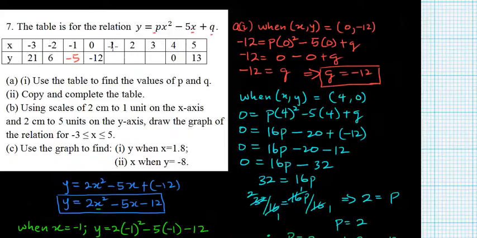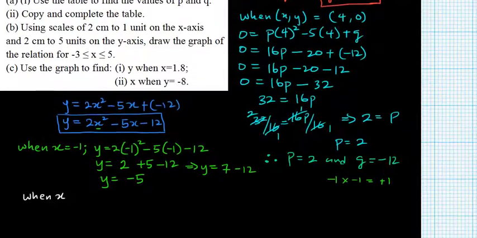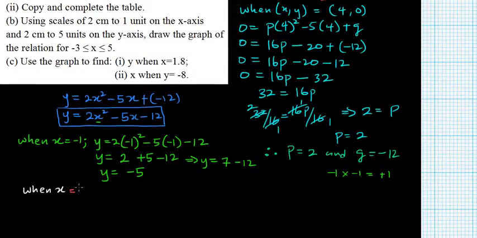The next one is when x is 1, let's find the value of y. Just substitute x for 1 in this relation here. We'll have 2 times 1 squared, minus 5 times 1, then -12.